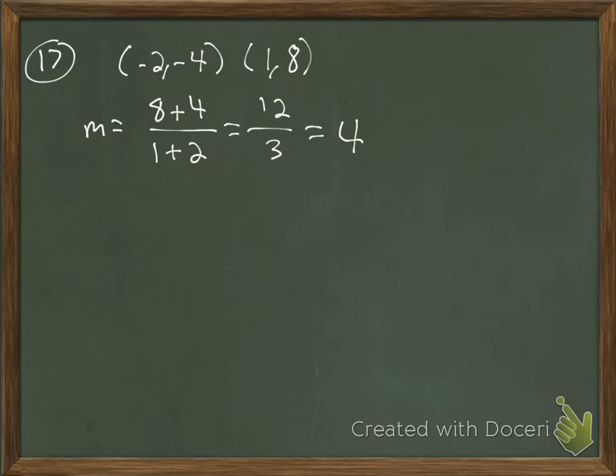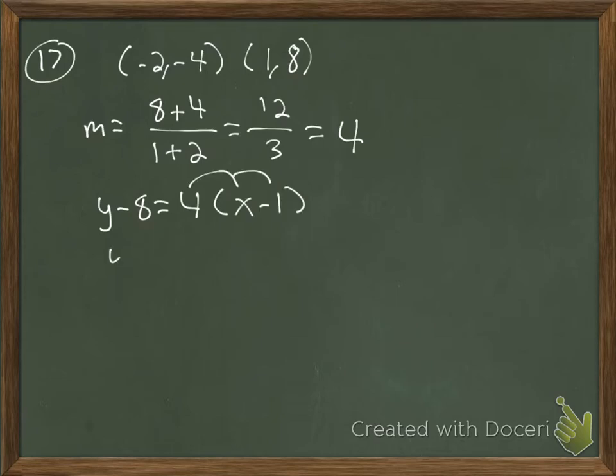Alright, now I can choose either point and put it in point slope form. Cole, which point do you want me to use? Let's go 1, 8. Alright, I like it, Cole. I'd have gone 1, 8 too. What a kid. So we got y minus 8 equals 4 times x minus 1.